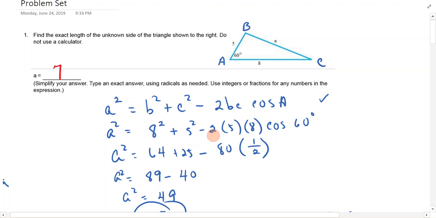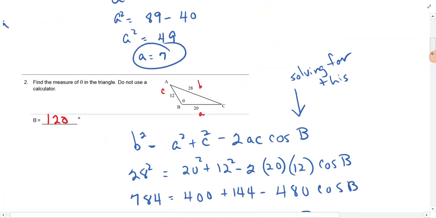I plug in everything I know, including the cosine of 60 degrees. I don't have a calculator, but the cosine of 60 is 1/2. I square this, that's 64 plus 25 minus 2 times 5 is 10 times 8 is 80. Half of that, so you have 89 minus 40. A squared is 49, so A is the square root of that, which is 7.